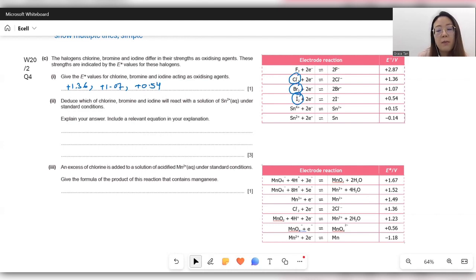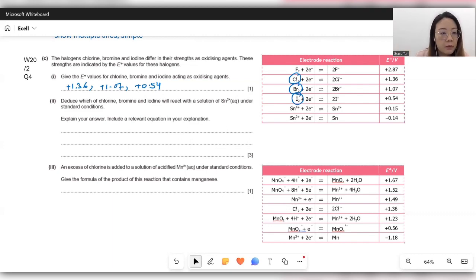So the more positive the E value, the better oxidizing agent they are. That means they will undergo reduction. Oxidizing agent means they will oxidize the other compound. They themselves undergo reduction, isn't it? Okay, so they are arranged in decreasing oxidizing strength.